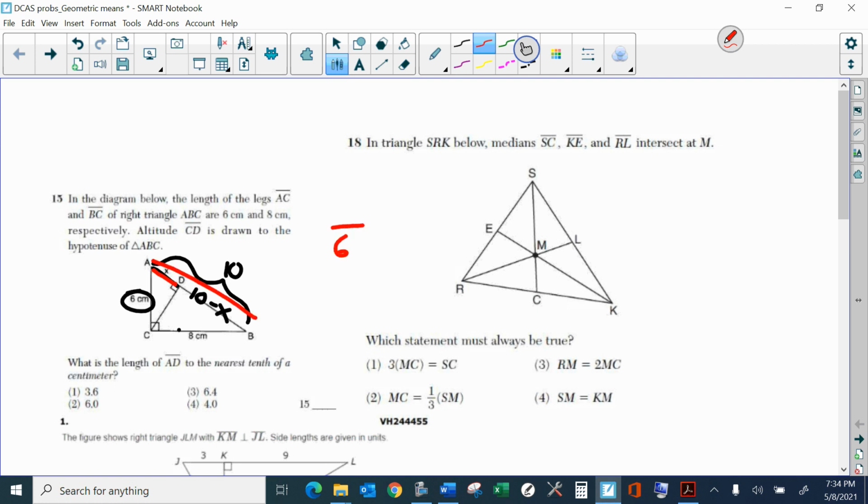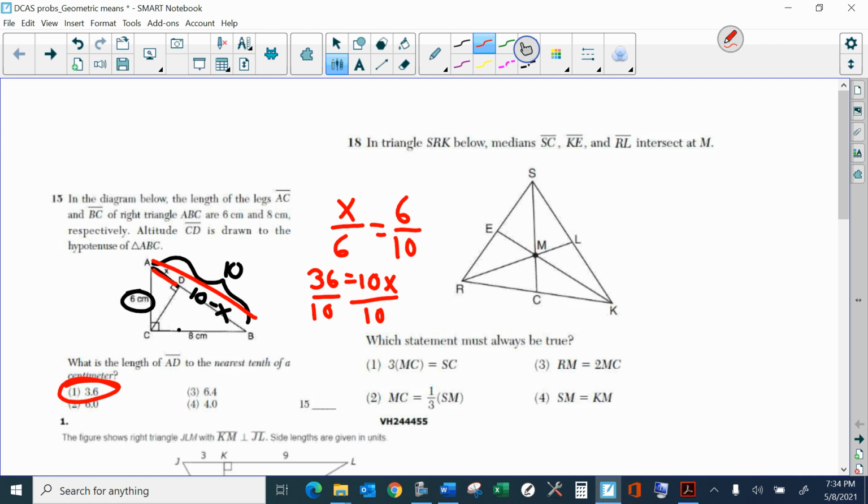So 6 and 6 equals x and 10. So we got 36 equals 10x, and therefore x equals 3.6.